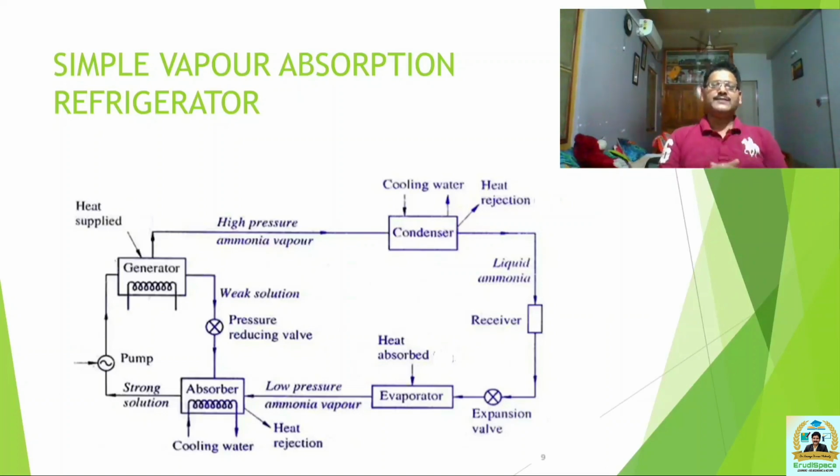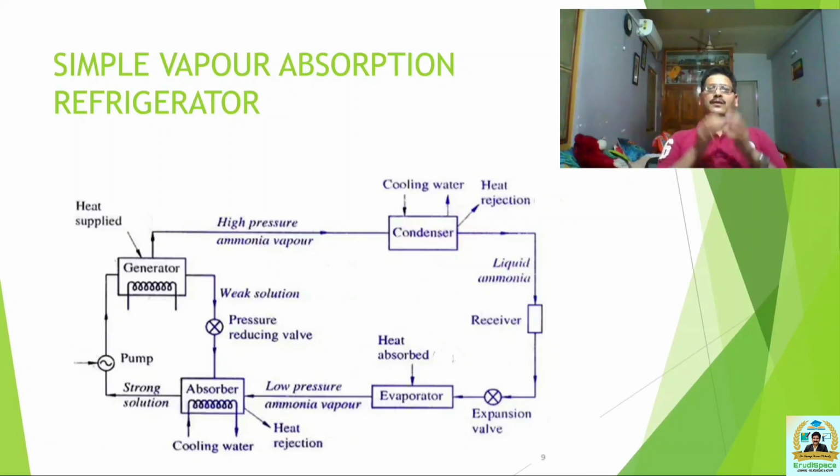So in this case, first low pressure ammonia vapor will be drawn from the evaporator into the absorber. In the absorber you have water, and water has tremendous affinity towards ammonia. As a result, it will be readily dissolved in water, and the solution so formed is called Aqua-Ammonia solution.